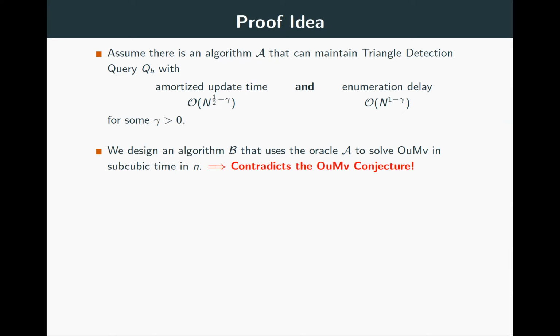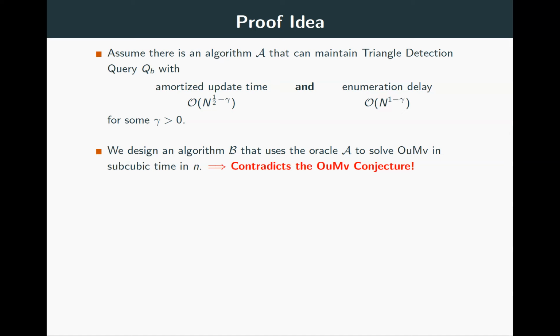What we do now is design an algorithm B that uses this oracle A to solve the OuMv problem. So if we can solve OuMv using the oracle, it means that if this is possible, we can solve this problem in this time, and then the OuMv problem can also be solved in that time, which means that we violate the conjecture.